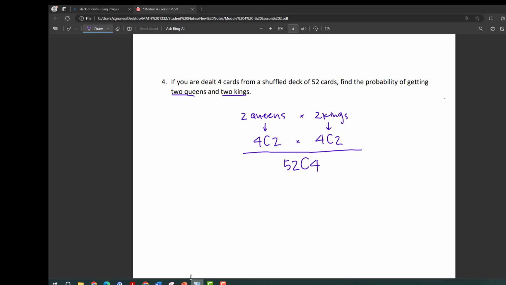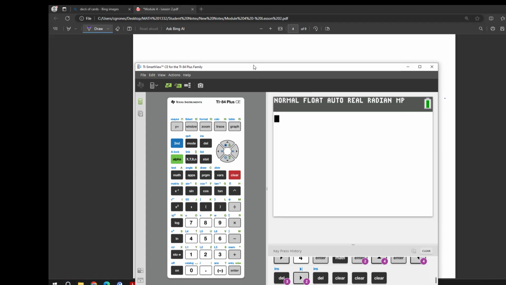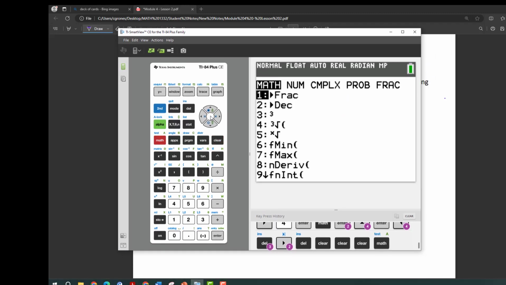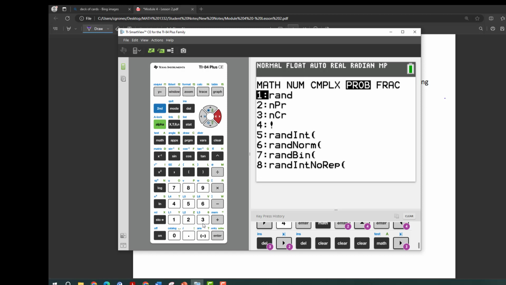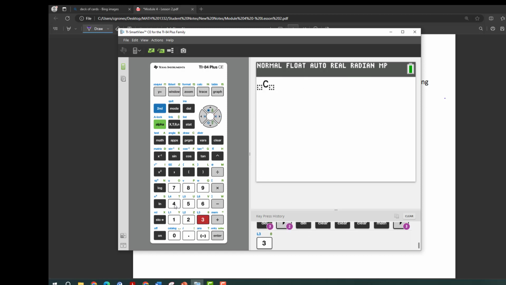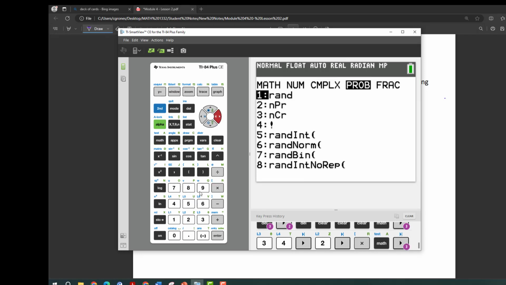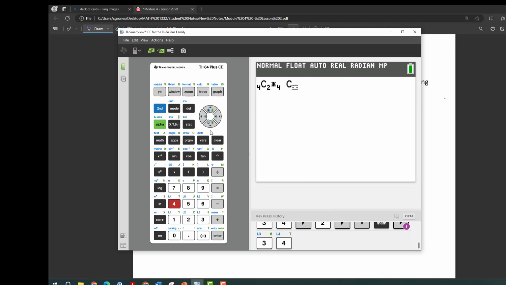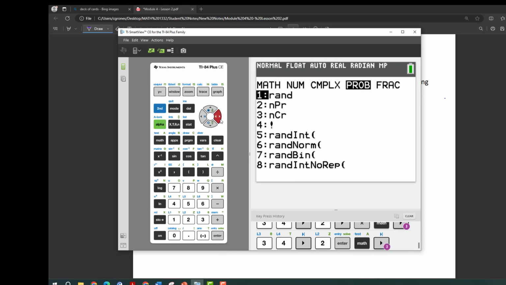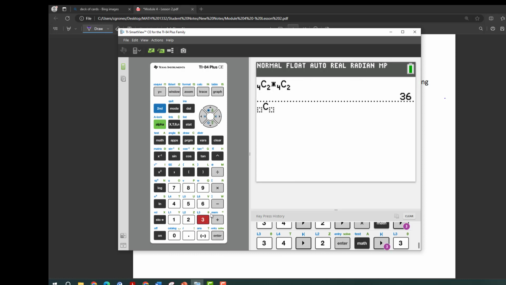So we can set this up in our calculator. Okay, so let me put this into the calculator. So we have 4C2 times 4C2. So we have 36 in our numerator. And I'm doing it separately because these calculators, we have to change the settings.